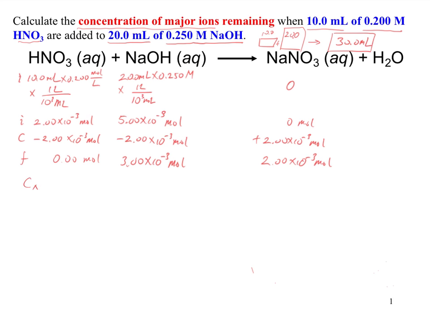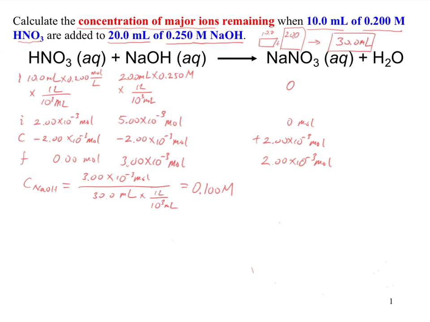Now let's figure out the concentration. So the concentration of sodium hydroxide is the mole number of sodium hydroxide divided by the volume, and we convert milliliter to liter. This gives us the concentration of sodium hydroxide as 0.100 molar.